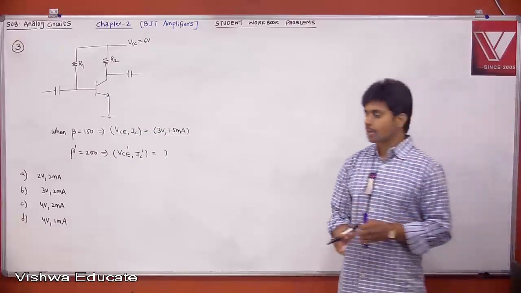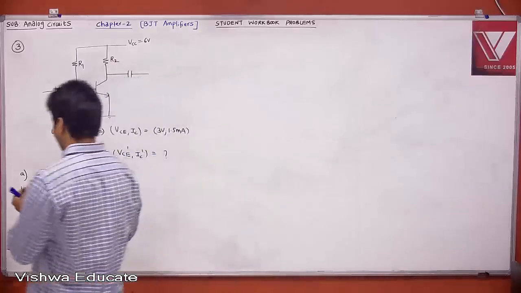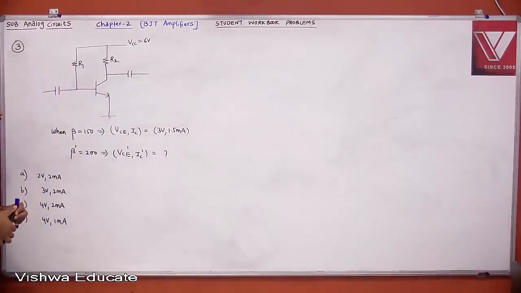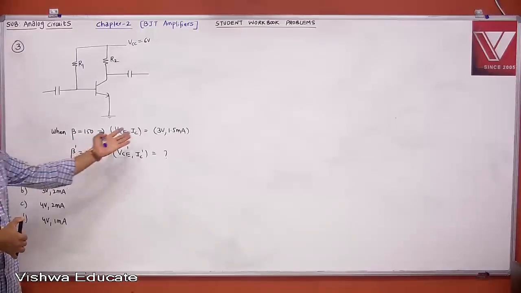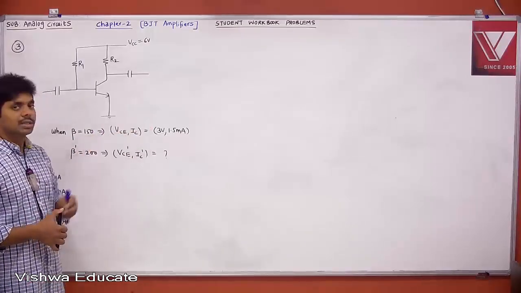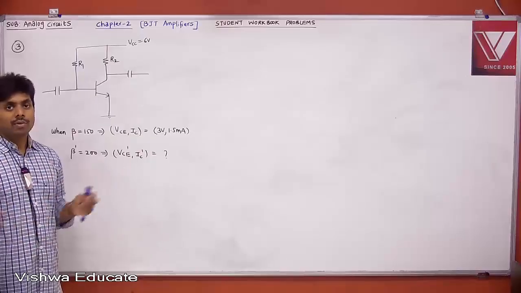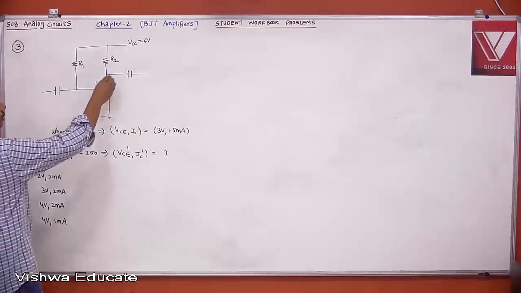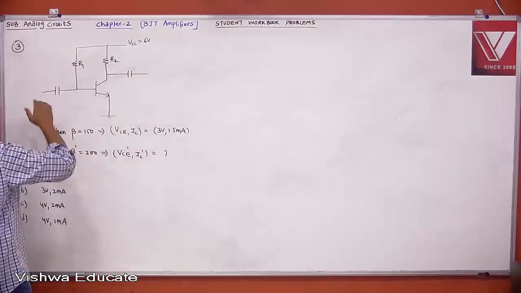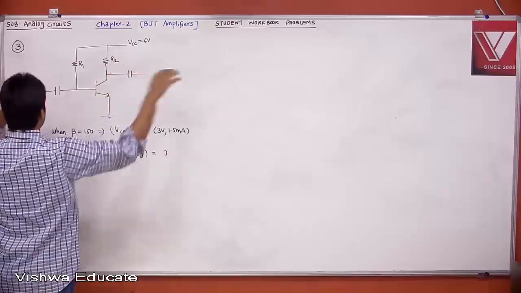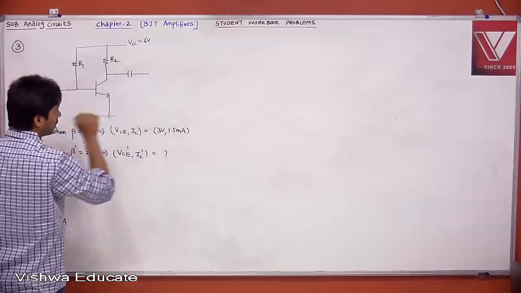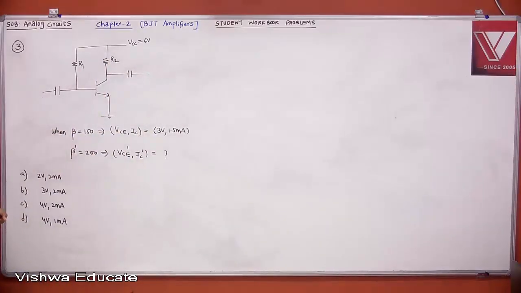Let me explain the problem once again. See, this is your circuit. Tell me, is the problem related to AC analysis or DC analysis? Definitely DC analysis, because it asks for the operating point, DC voltage and DC current. Therefore, no need to bother about AC components, or about this capacitor here, because that is for AC input and output. We only need DC.